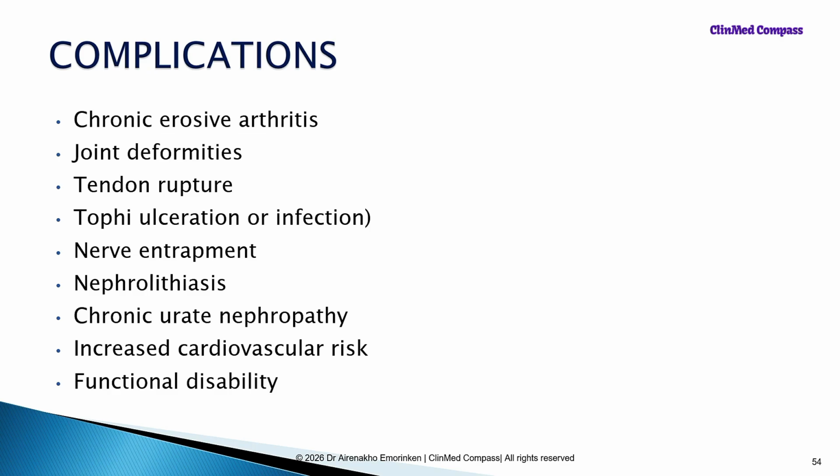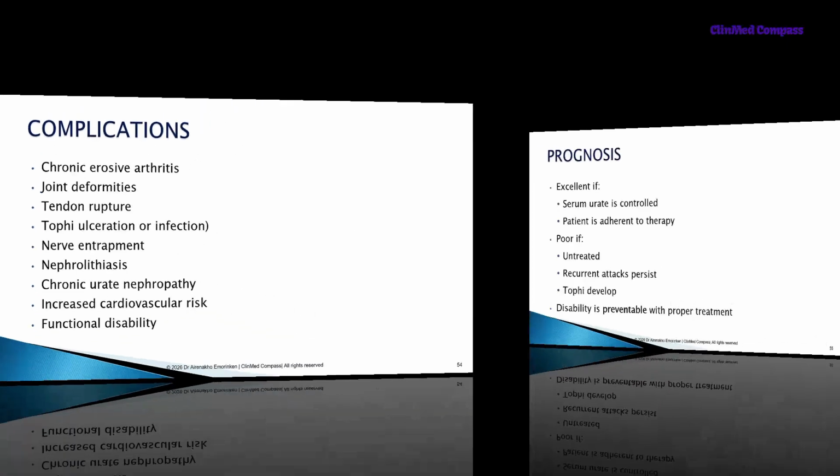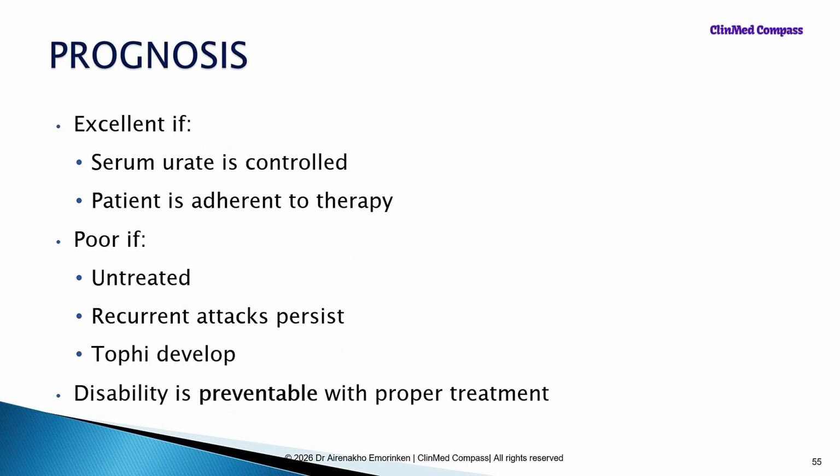There are systemic complications: increased cardiovascular risk, and functional disability affecting quality of life. Prognosis is excellent if serum uric acid is controlled and the patient adheres to therapy. It is poor if untreated, with recurrent attacks, tophi formation, and progressive disability.